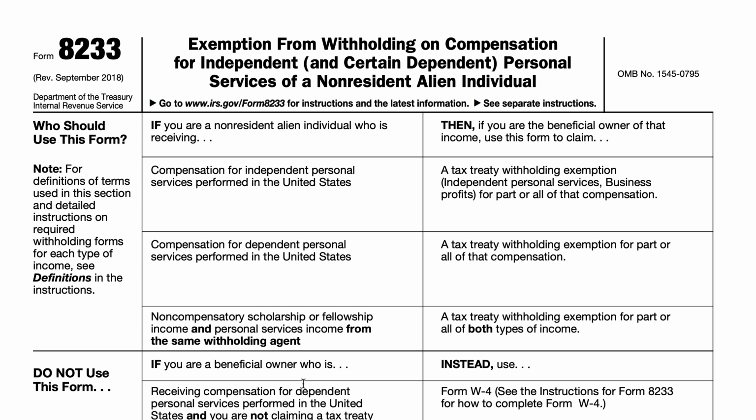We'll be going over IRS Form 8233, Exemption from Withholding on Compensation for Independent and Certain Dependent Personal Services of a Non-Resident Alien Individual.